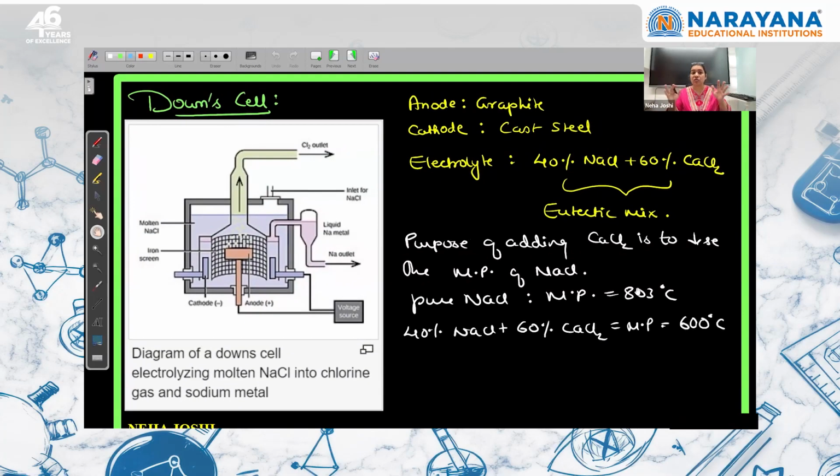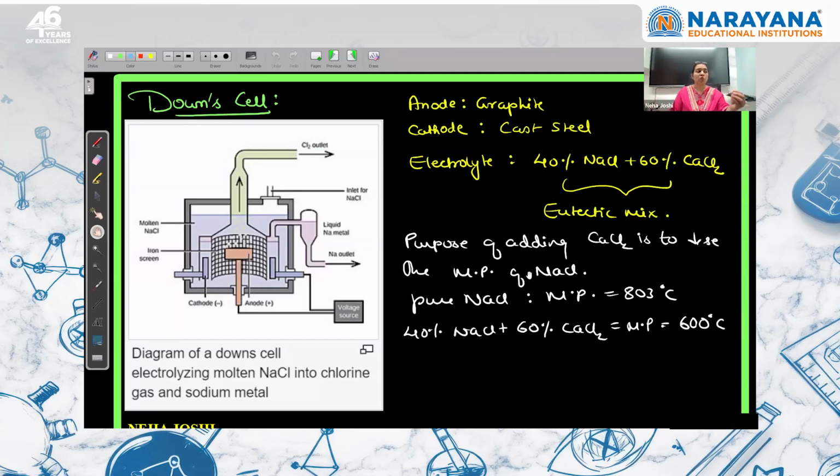Now, if you have an industrial setup in which in the cell you have to maintain a temperature of 803 degrees centigrade, having chlorine gas somewhere formed, having sodium metal somewhere formed, and temperatures are so high, it becomes very risky if they come in contact, and they will come in contact because the apparatus is like that. How can you separate them totally away?